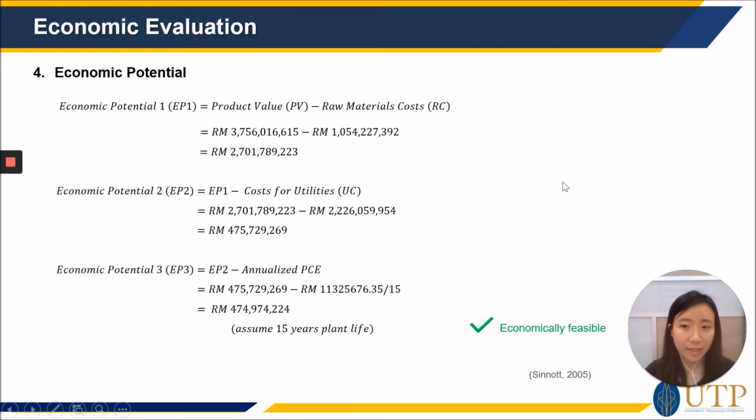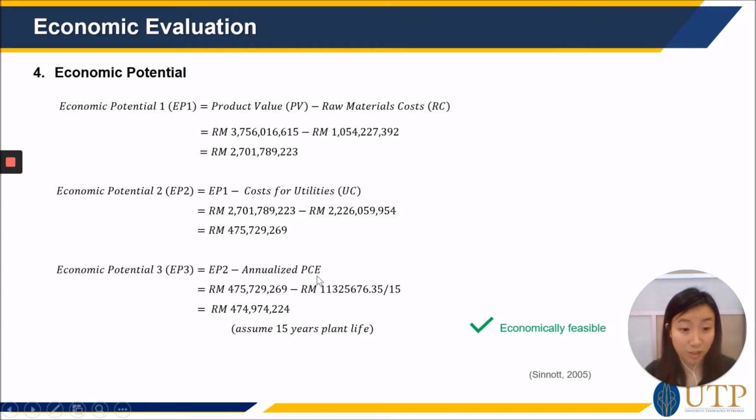Then finally, we can calculate the economic potentials. Economic potential 1 is calculated from the product value, which is the revenue of the products, minus the raw material cost. Economic potential 2 can be calculated from EP1 minus the cost of utilities. And lastly, EP3 is equal to EP2 minus the annualized PCE.